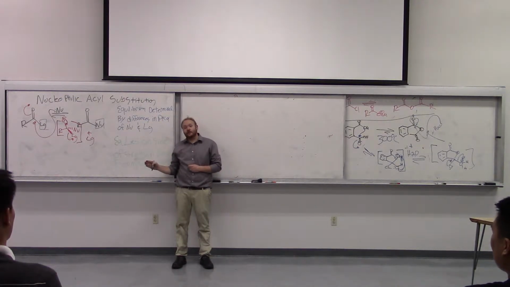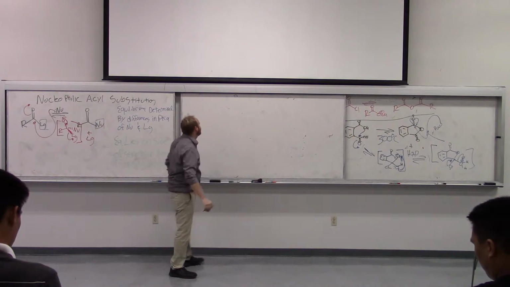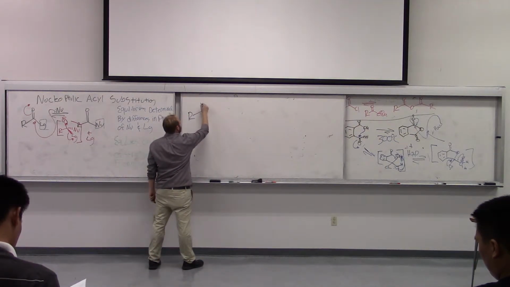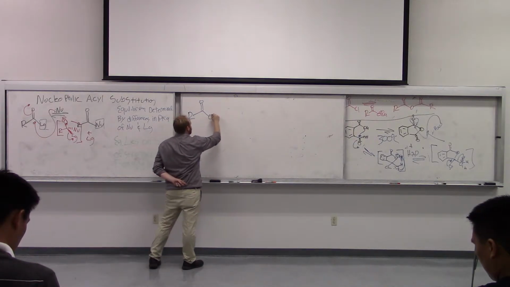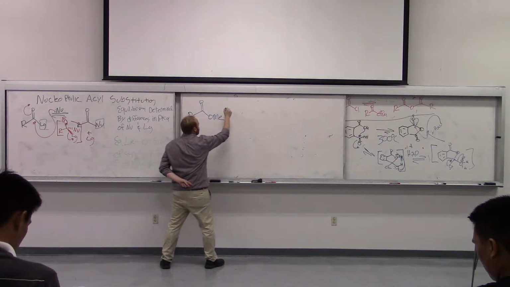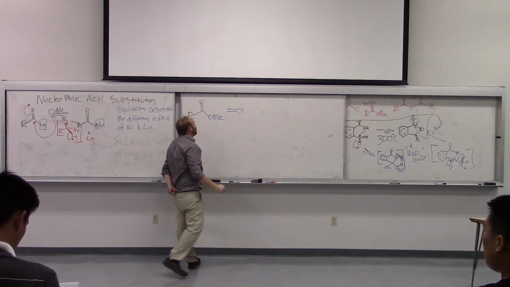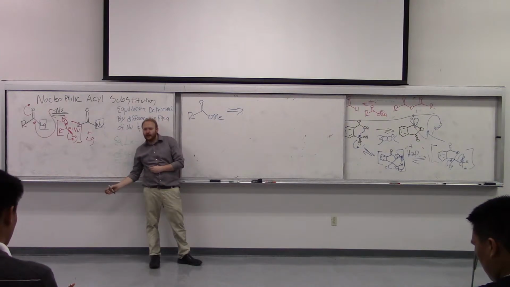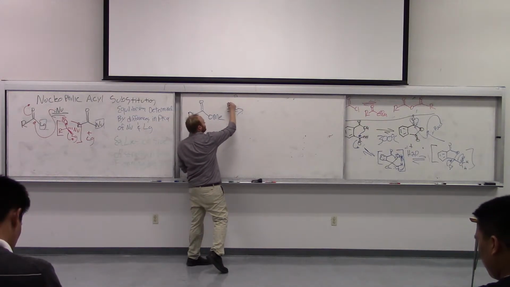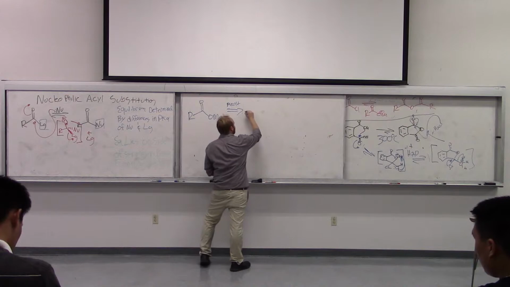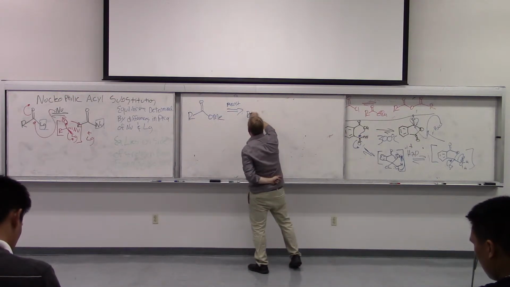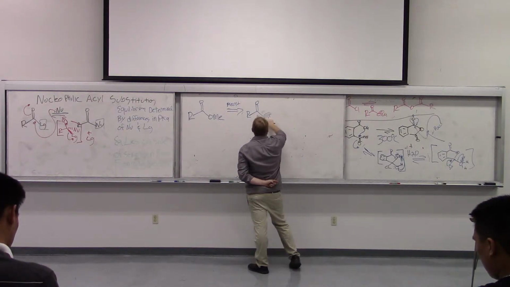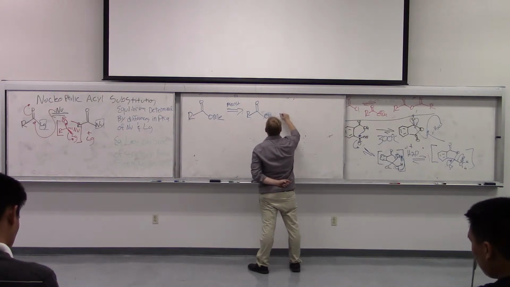So now let's talk about esters. We know we can make esters either from the acid chloride, and this is a retrosynthesis arrow, or the anhydride.